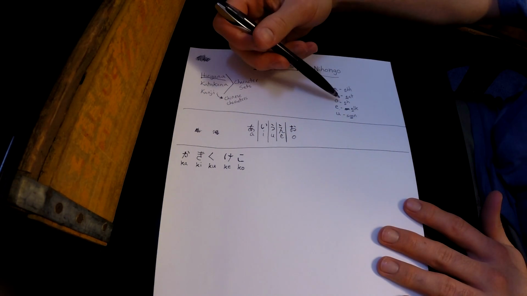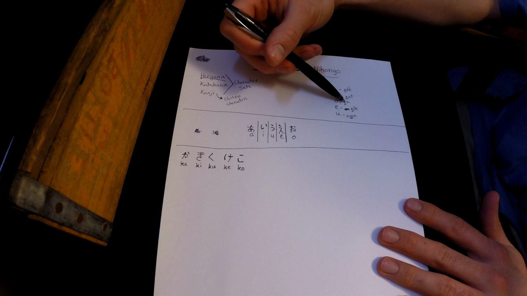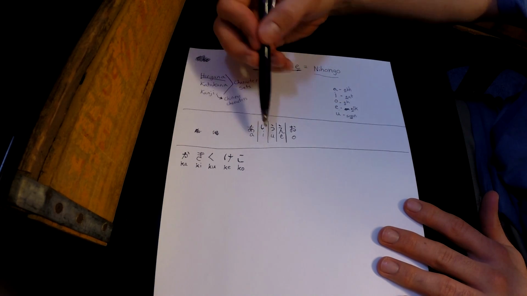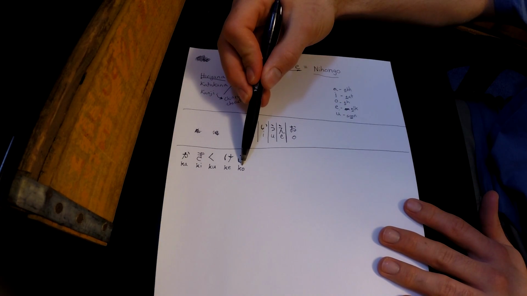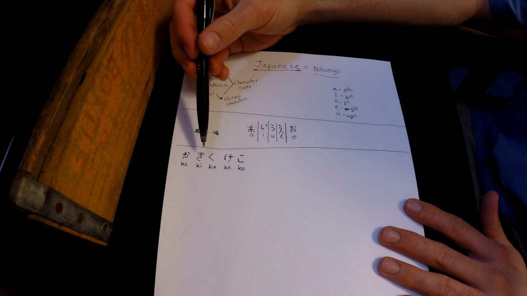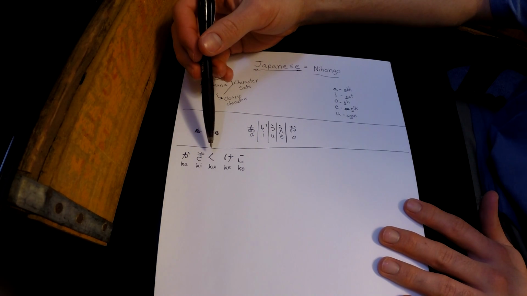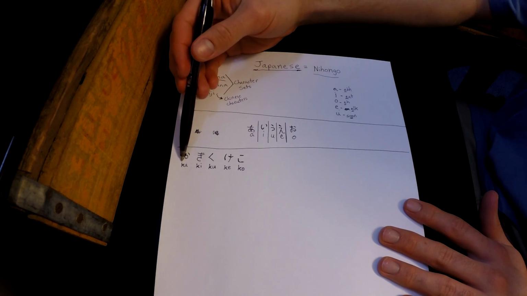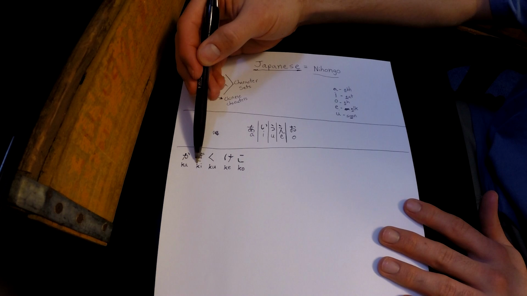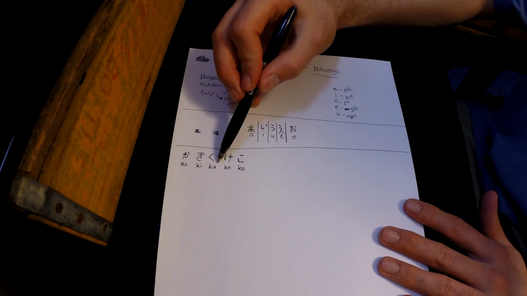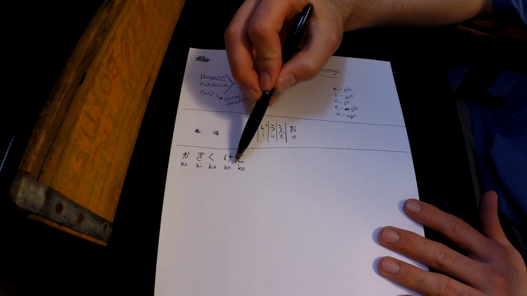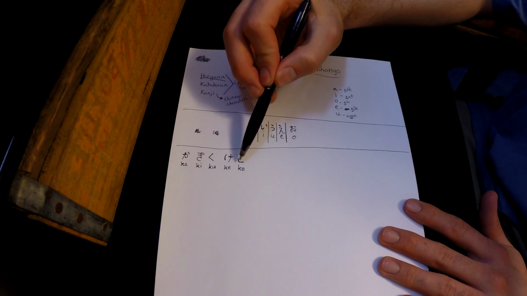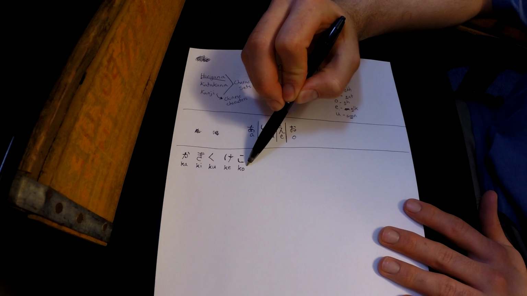Now O is as in O, pretty easy one to remember, so that's why this one is said go. These symbols don't look as bad on the screen as they do on the paper for some reason. So we have ka, ki, ku, ke, and go.